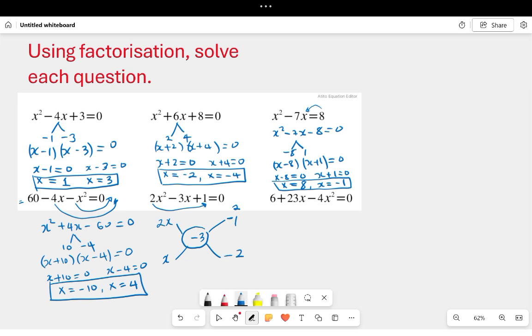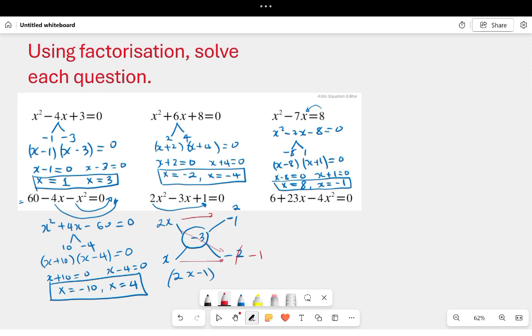Now I'm going to consider something very interesting. So 2, diagonal consideration. 2 can divide negative 2 how many times? Negative 1 times. And therefore my solution is to consider these numbers across: 2x minus 1 and this one across here like that.